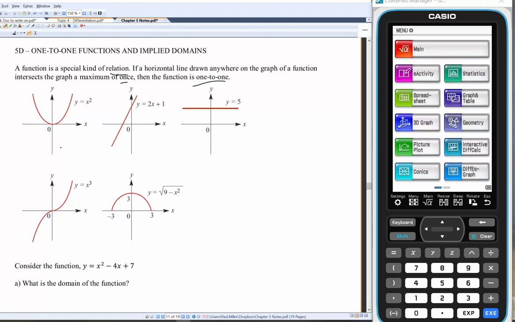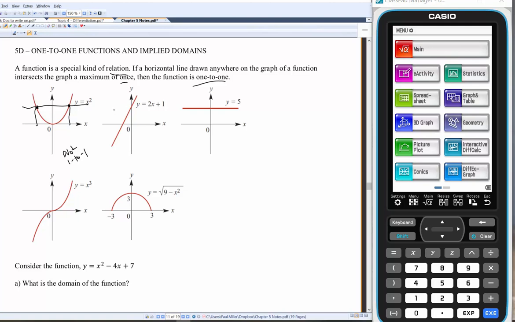So this one here, I'm going to say is not one-to-one. Why not? Well, again, if I draw a horizontal line through that, I'm going to hit this value and this value, okay? And that's a problem. It's still a function, I'm not denying that, but it's not a one-to-one function because what that means is there's two x values here, this x value and this x value, that will produce exactly the same y value, okay?